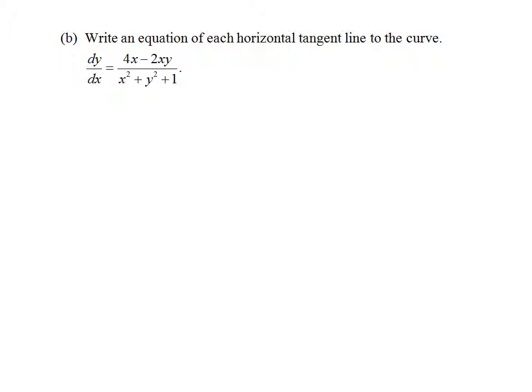The next part of this problem asks us to write an equation of each horizontal tangent line to the curve. Now, this part of the problem did not go particularly well for the students who took the exam in 2013-2014. It's possible that they became confused by the meaning of the derivative.